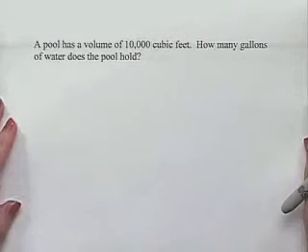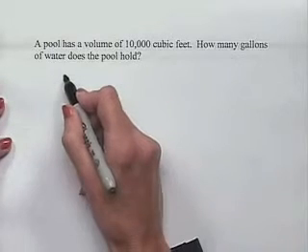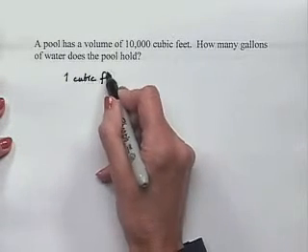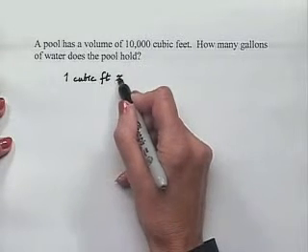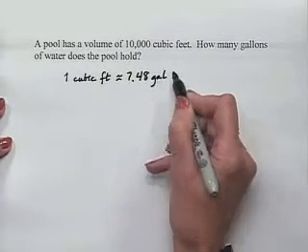Now let's look at a problem dealing with conversions and volume. A pool has a volume of 10,000 cubic feet. How many gallons of water does the pool hold? The conversion we're going to need is the fact that 1 cubic foot of water is going to hold approximately 7.48 gallons of water.